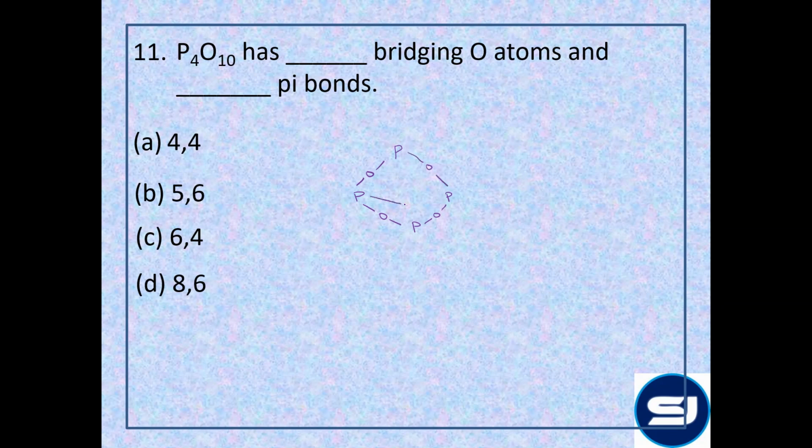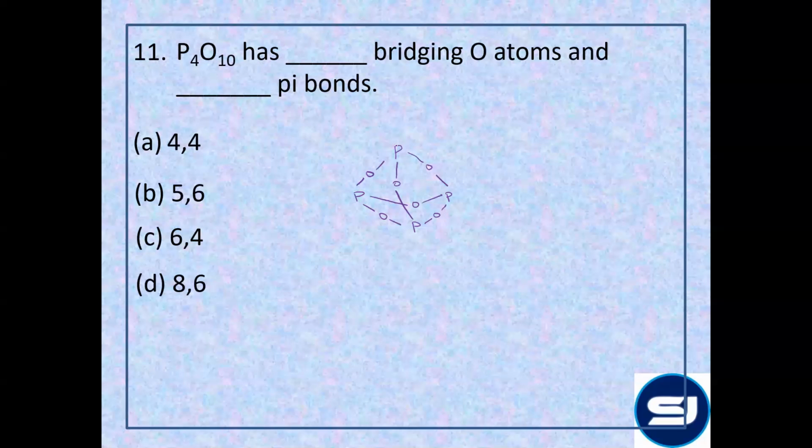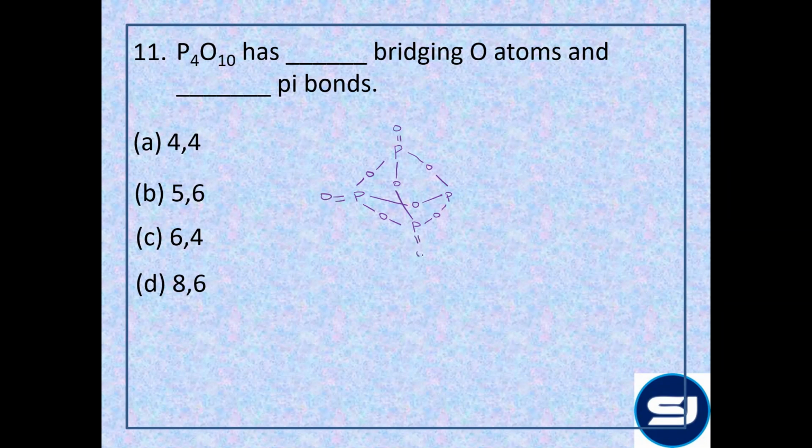Between the internal phosphorus atoms also we have the POP linkages, and double bond oxygens on each phosphorus. Each phosphorus is bonded to oxygen by a double bond.